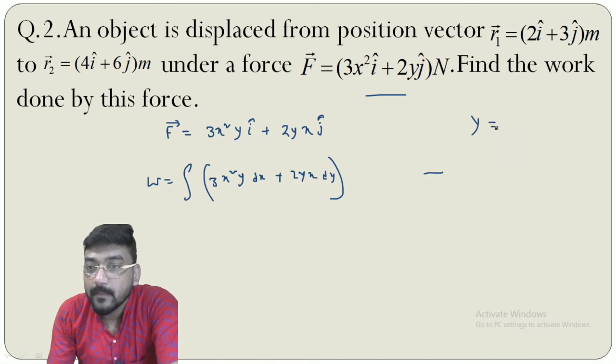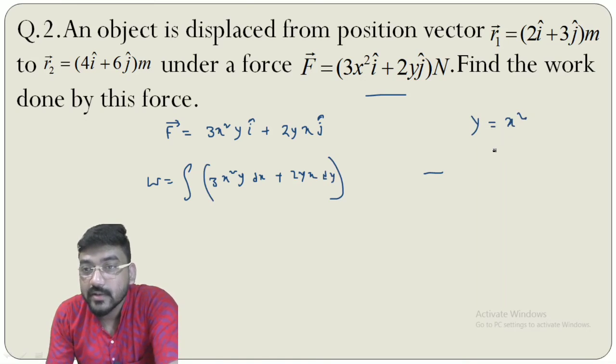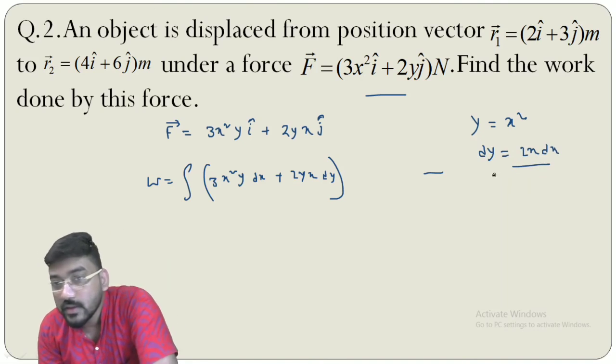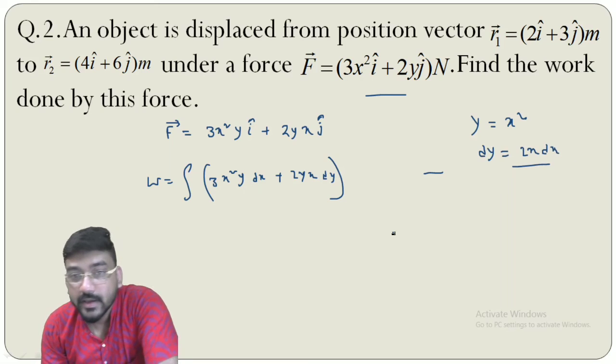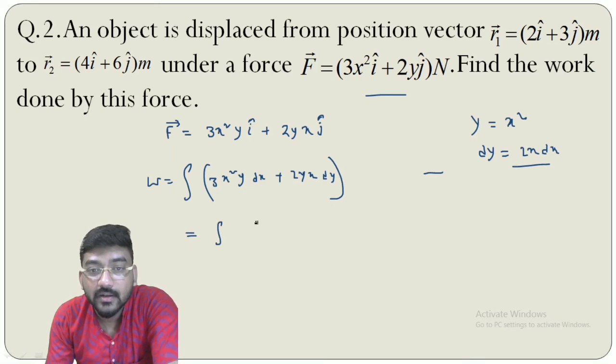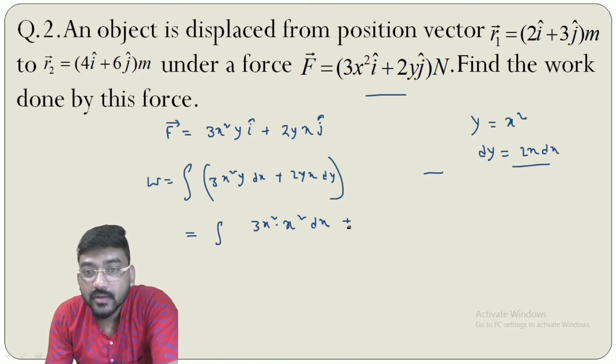Suppose they have given y is equal to x square, then what you have to do? You have to take dy, that will be 2x dx. Then you have to convert y in terms of x. So you can easily convert: that is 3x square into, in place of y, you can substitute x square, plus 2 into again x square into x, and instead of dy you have to put 2x dx.